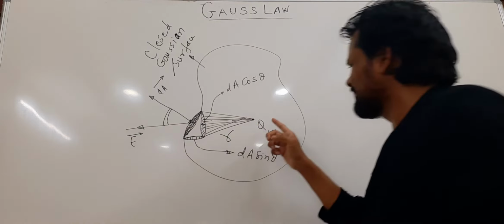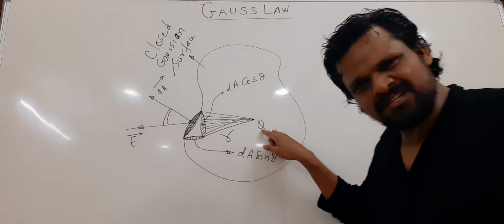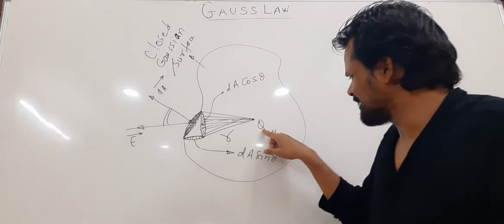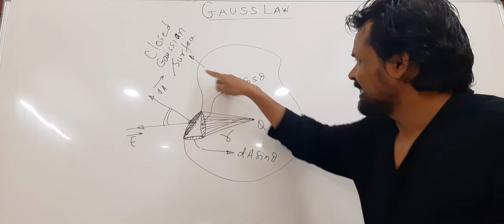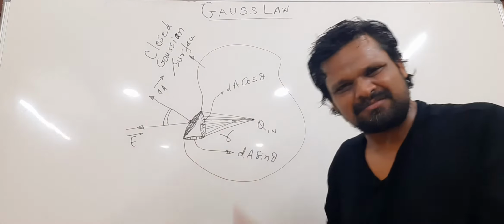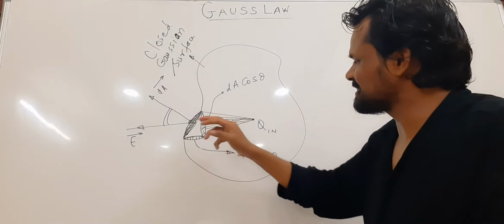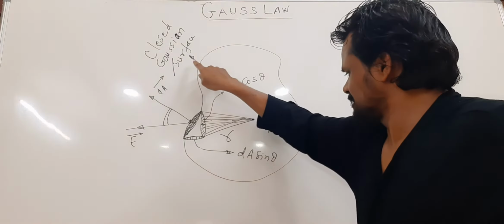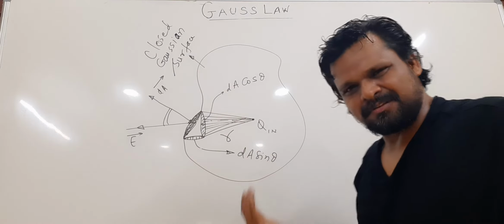Now please see here. Here is a charge. Suppose a point charge Q is kept inside this kind of closed surface, called a Gaussian surface.